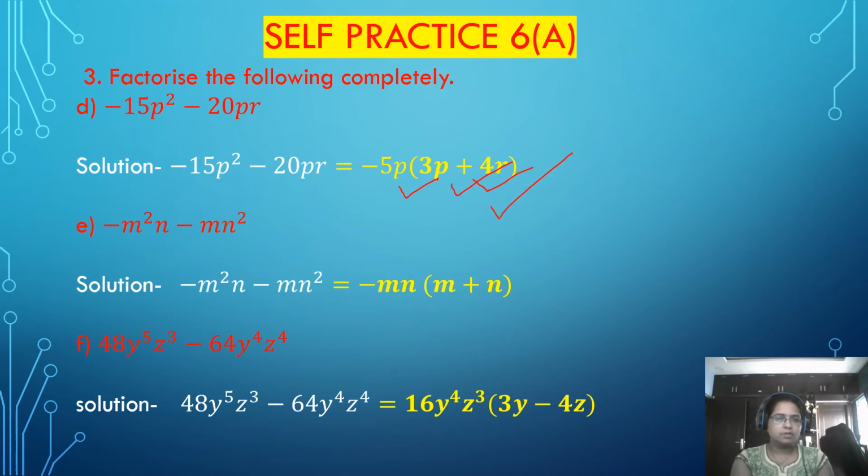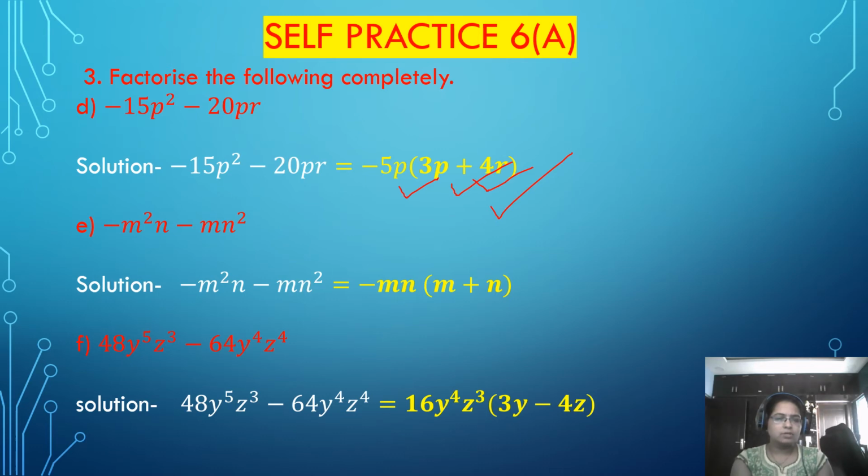Minus m square and minus mn square. Here both terms have a minus sign, so minus 1 is the common factor, and m square is m multiplied with m. In the second term only one m is there, and in the first term only one m. In the second term, n multiplied with n is n square.